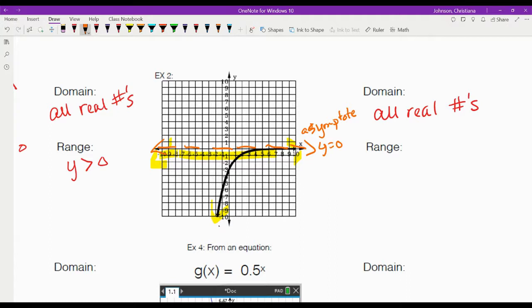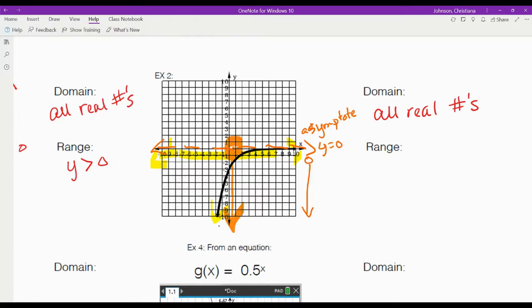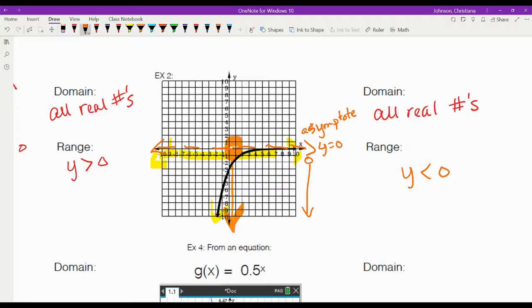Well, we are coming from a hole, the asymptote, and it's coming from an arrow at the bottom, because we're starting from the bottom and going up, and we're hitting a wall at that y equals 0. And that is where our hole would be. So our range here is y is less than but not equal to 0, because there's a wall stopping you.